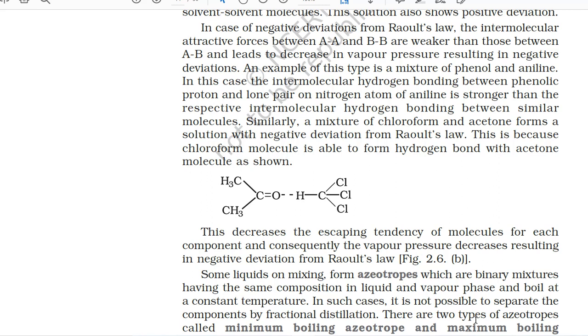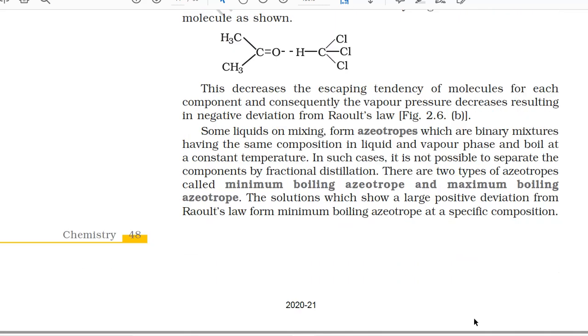Similarly, a mixture of chloroform and acetone forms a solution with negative deviation from Raoult's law. This is because chloroform molecule is able to form hydrogen bond with acetone molecule as shown. This decreases the escaping tendency of molecules for each component and consequently the vapor pressure decreases resulting in negative deviation from Raoult's law (figure 2.6b).